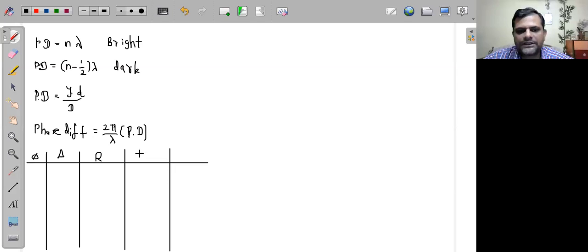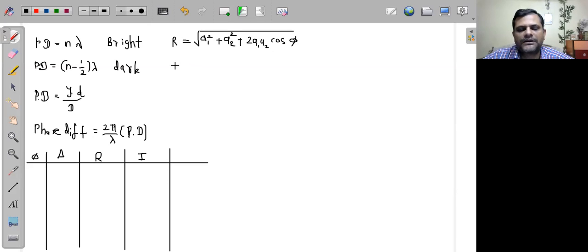Because in general, what is the formula for resultant amplitude in case of the interference of two waves of amplitudes A1 and A2 respectively? R is given by root of A1 square plus A2 square plus 2 A1 A2 into cos of phi, where phi is actually the phase difference between the two waves, right?